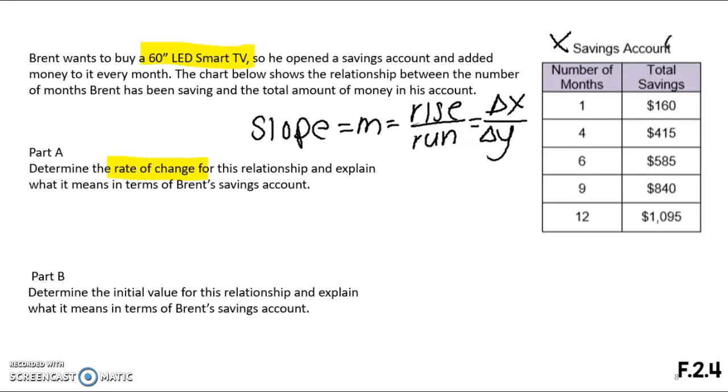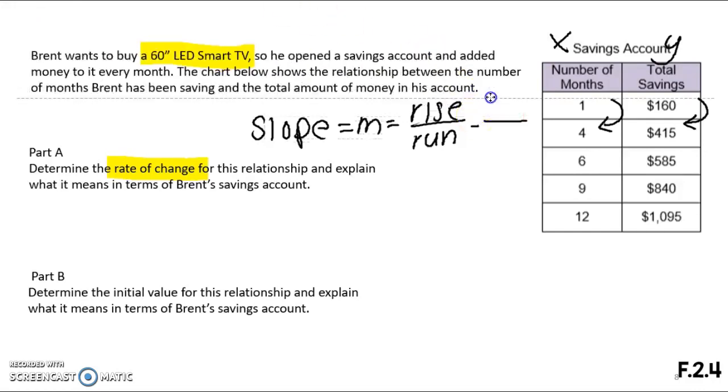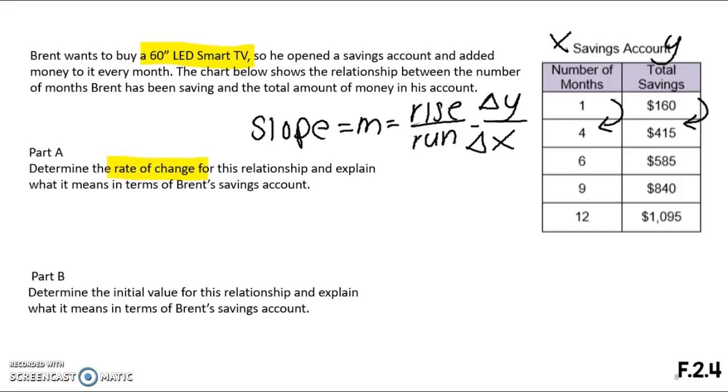When I'm looking at this table, my number of months is x and my total savings is y, so I can calculate this change. And I apologize, this should be the change in y over the change in x, so please forgive me if you caught that. The change in y is 400, going from 160 to 415, and I'm going from 1 to 4.